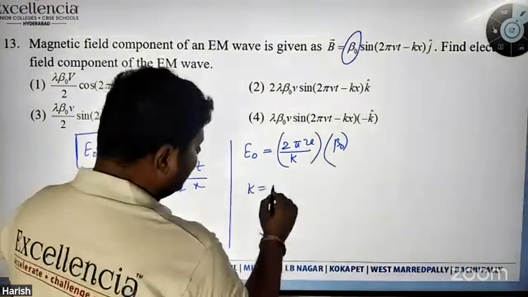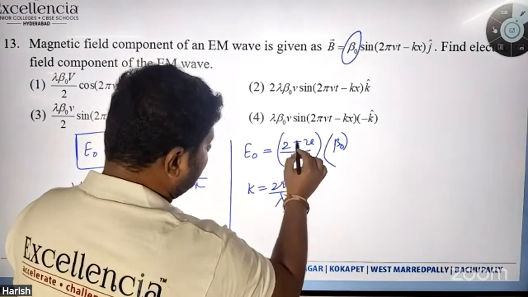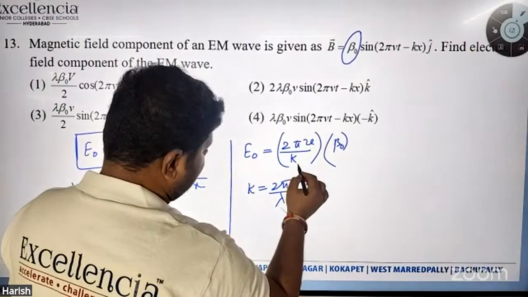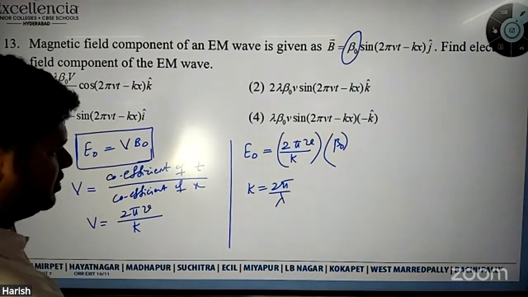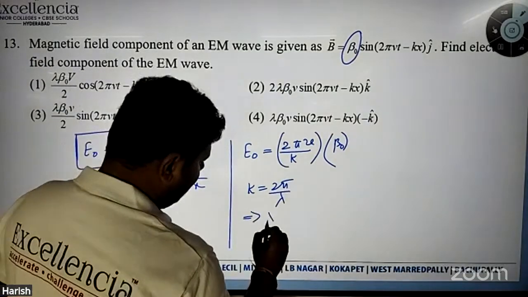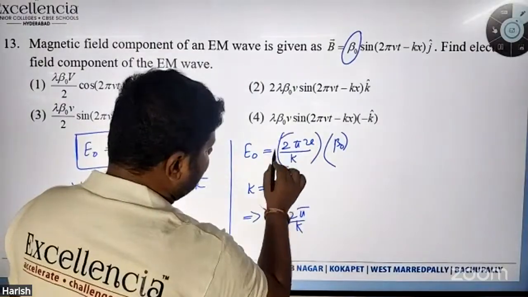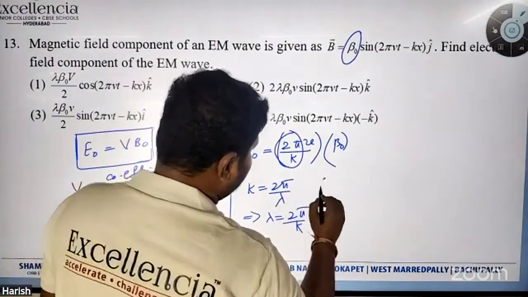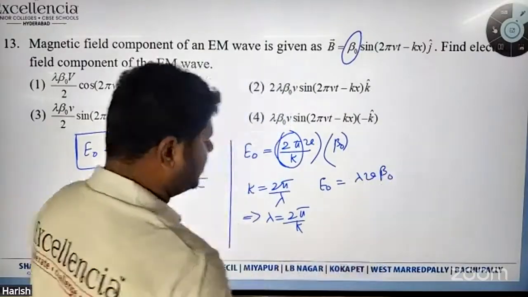We know k is 2 pi by lambda, so this 2 pi by k, I can write as lambda. So E_0 will become lambda mu into B_0.